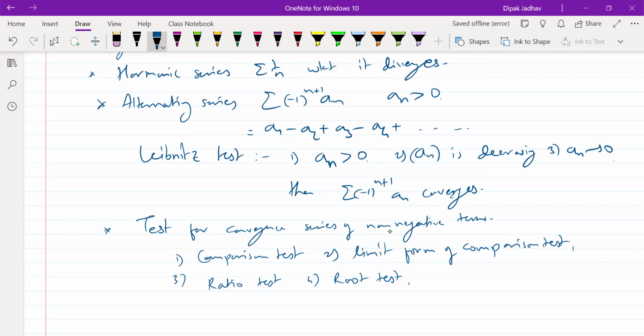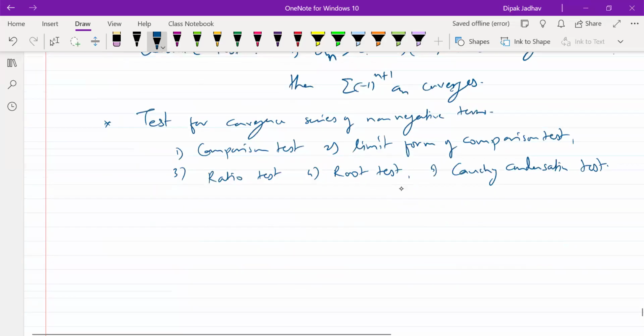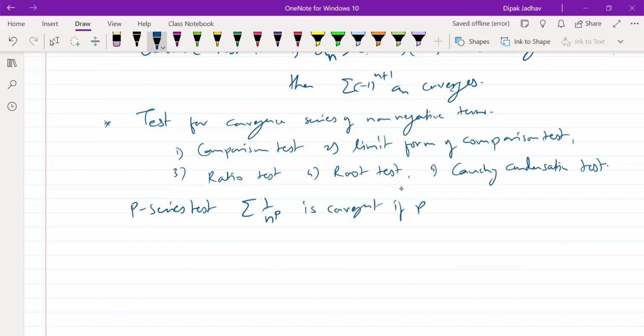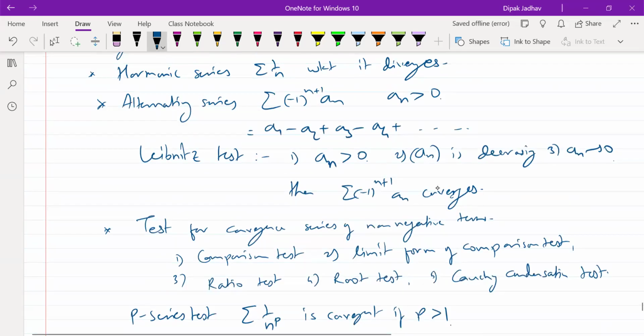Then we have also studied possibly a fifth one, the Cauchy condensation test. And then we are also aware of the p-series test. Summation 1 upon n raised to p. This kind of series is called a p-series and it is convergent if p is greater than 1. Okay. These are all the several tests we have learned for checking convergence and divergence of infinite series.